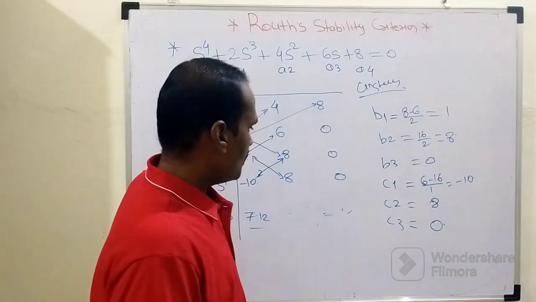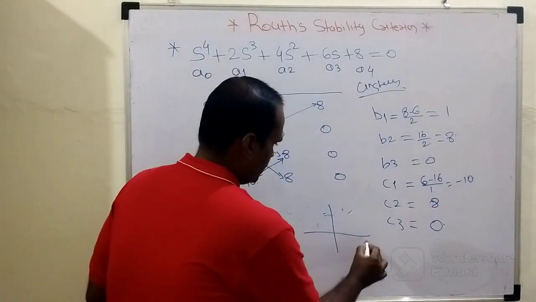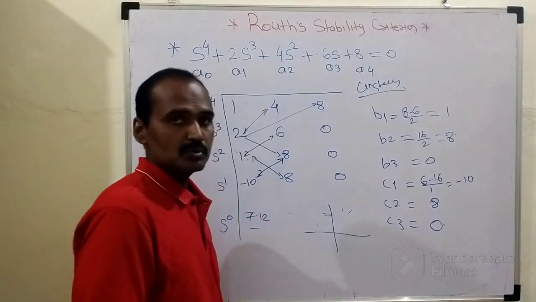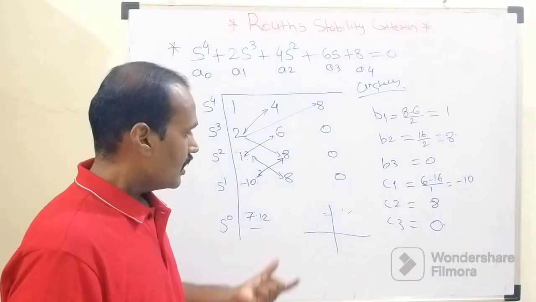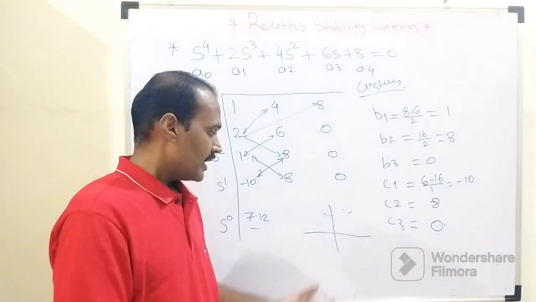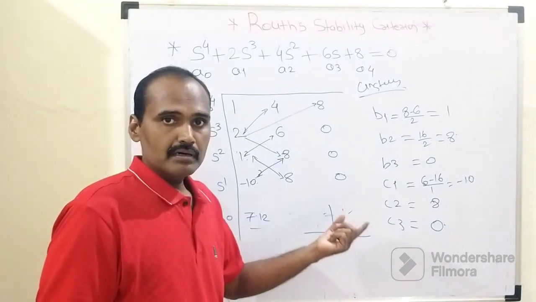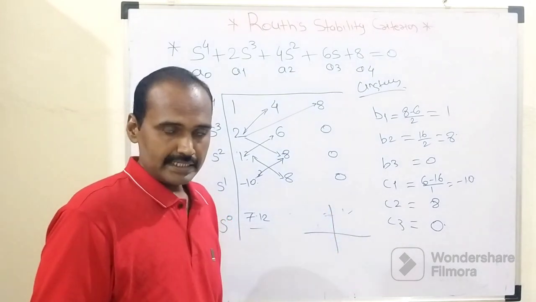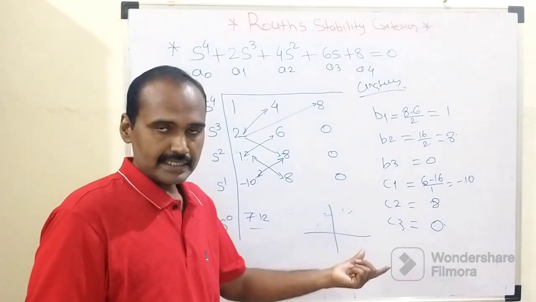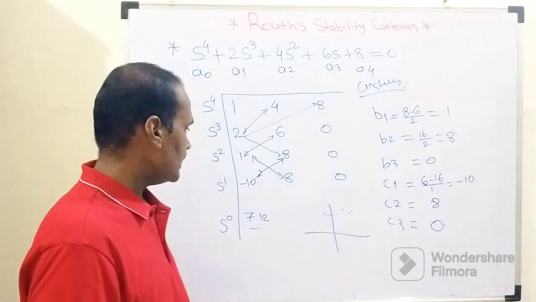So when we plot such a quadrant, to decide how many poles we have on the right-hand side of the S domain representation, if we have roots on the right-hand side, the system is unstable.